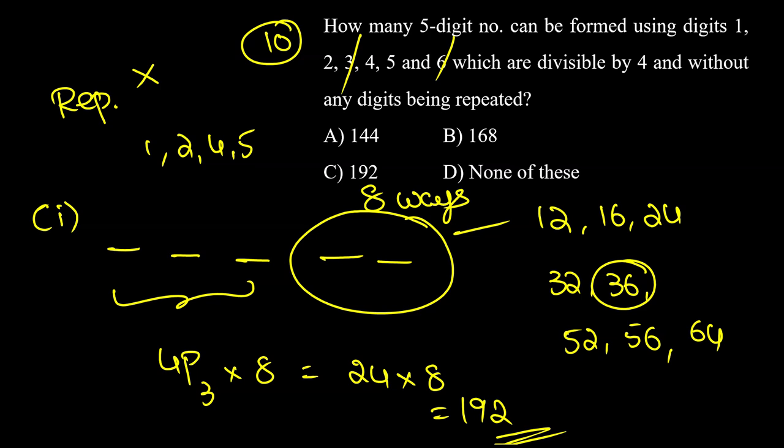No need of calculation like 4P3. If repetition is there, we cannot put NPR or NCR. NPR, NCR will not come when repetition is allowed.